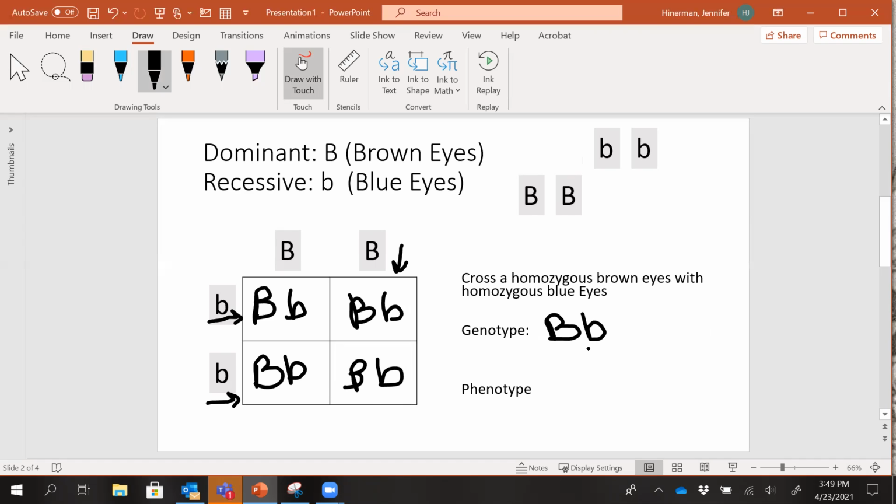Okay, and then phenotype is what does it look like? What is the physical appearance? So if somebody has a big B and a little b, big B means brown eyes, little b means blue eyes. Remember, our big letter always wins. That's why it's called dominant. So that's going to code for brown eyes.